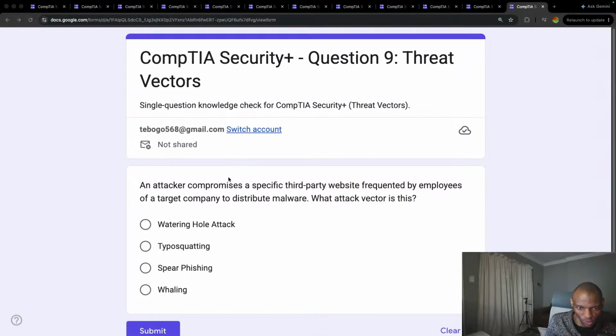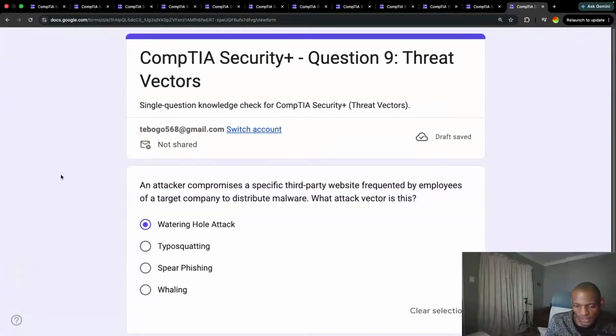So we call this kind of attack a watering hole attack. This is the correct answer. So if you have a company and I'm trying to attack your company, but I'm struggling to, I'm going to find out from your service providers if I can attack them.